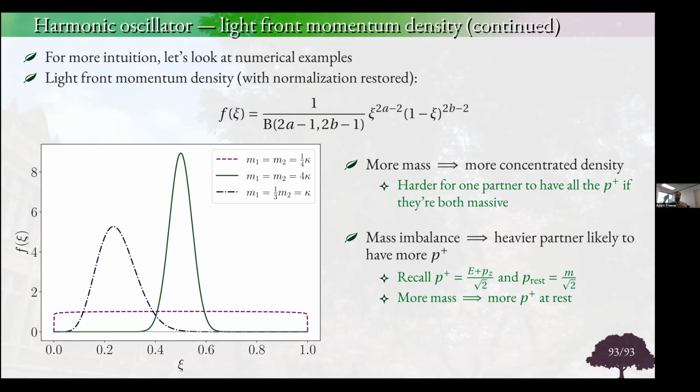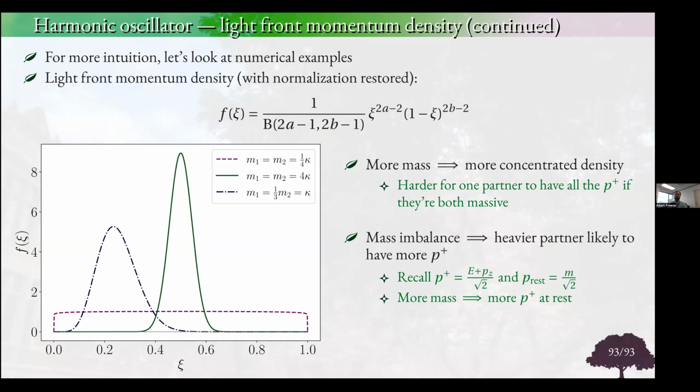Since mass already contributes to the P plus, you would need to be moving with an extremely high forward momentum in order to overpower the mass of the other constituent contributing to the P plus. And also, if the two bodies are very massive, it's less likely that they'll be moving at extremely high longitudinal velocities.